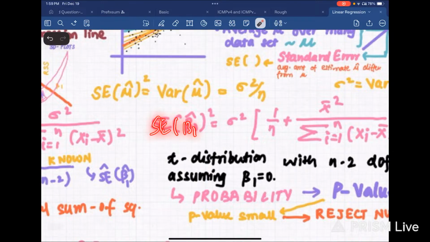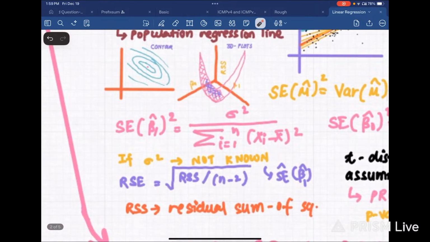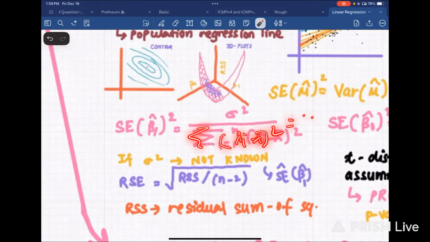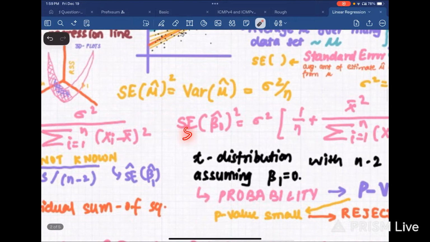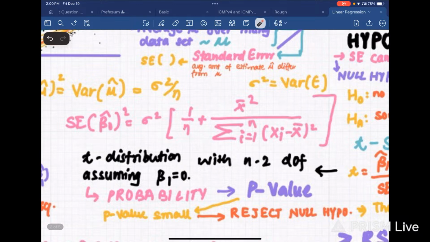And the standard error squared for beta naught is sigma square times 1 by n plus x dash square divided by the sum of xi minus x dash, whole square. So this is beta 1, and this is beta 0.